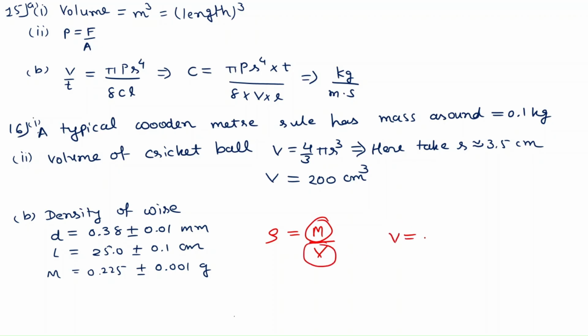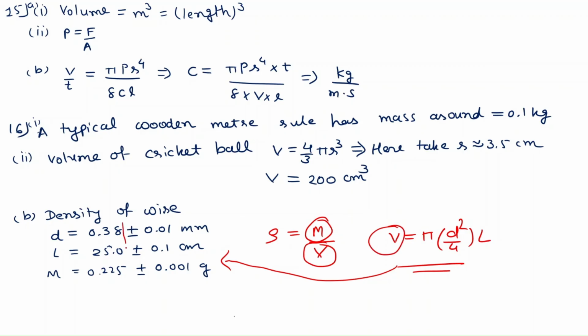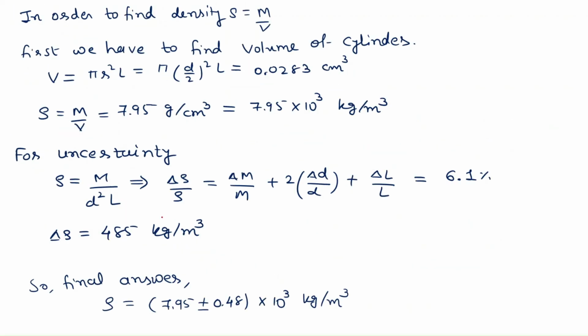They give us the formula, pi d squared over 4 into L, and they give values of d and L as well. So first we have to find the volume by using the exact values. Now put in the values and you get the answer 0.0283 centimeter cube.